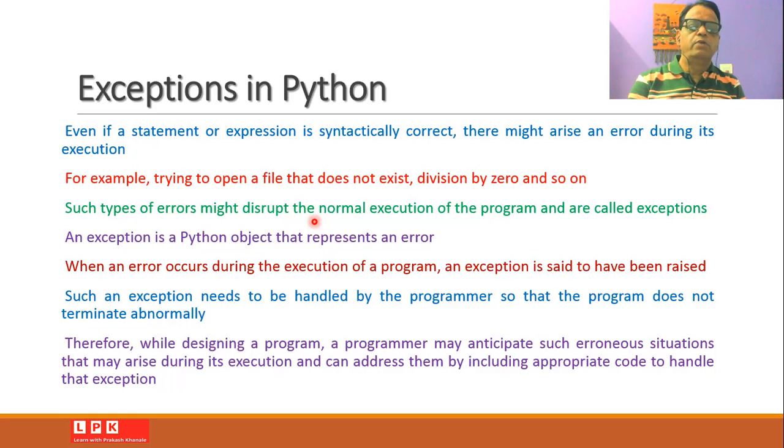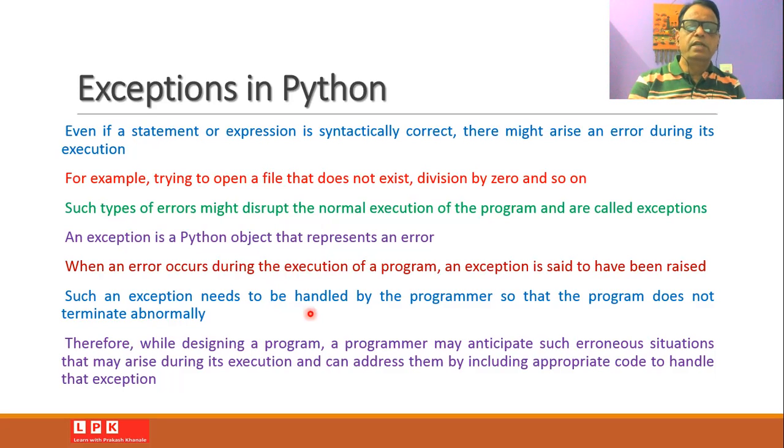An exception, you can say, is a Python object that represents an error. When an error occurs during the execution of the program, an exception has to be raised. Either the Python interpreter will raise the exception, or the programmer can also raise the exception.